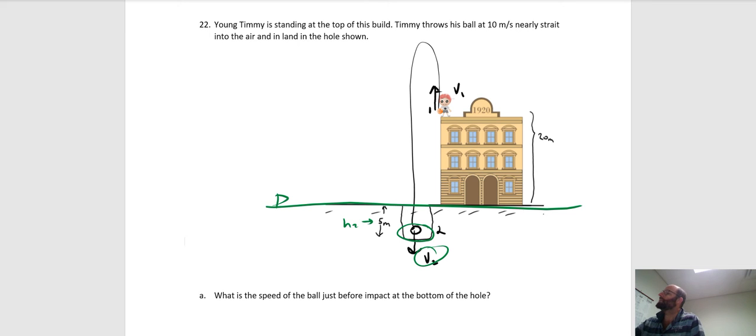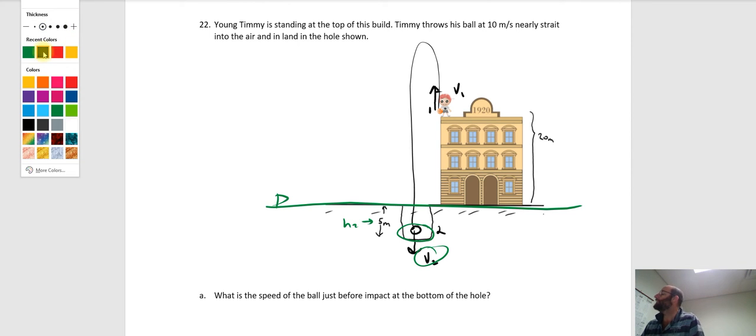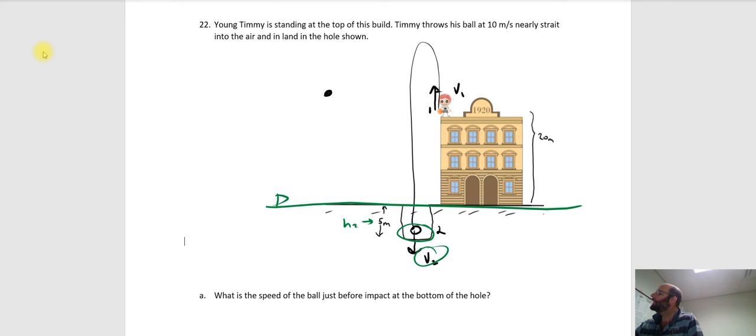Work terms: always draw a free body of the object. And the ball only has one force on it, if we throw out air drag: the mg. It doesn't matter if the ball's on the way up or the way down. That's the only force acting on the ball. Now, that force does do work, but that's what the potential energies take into account.